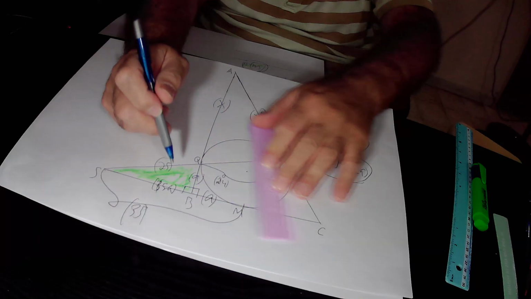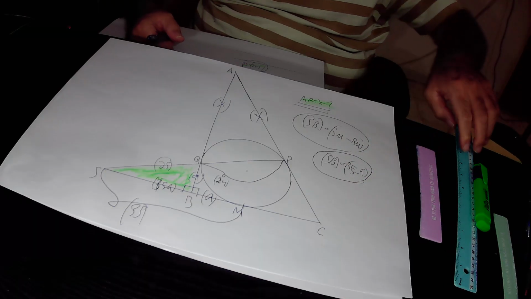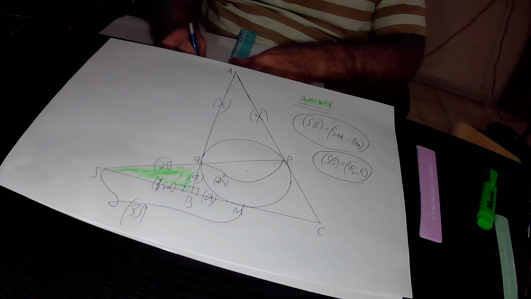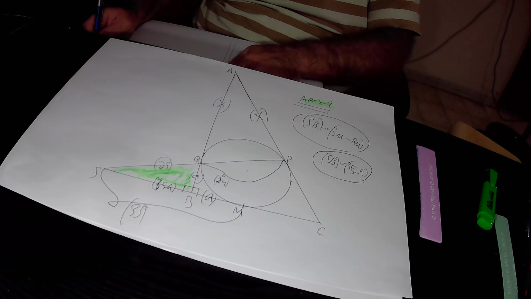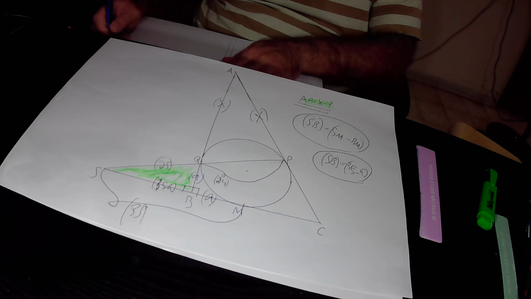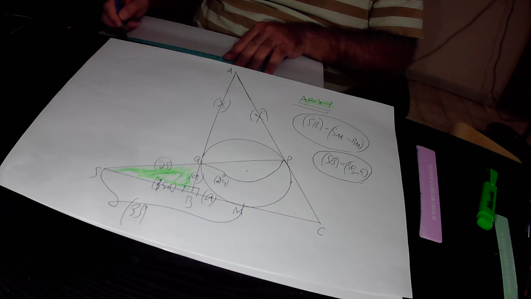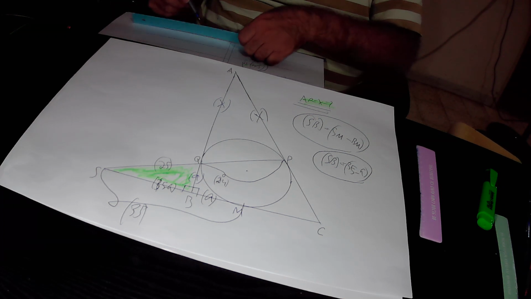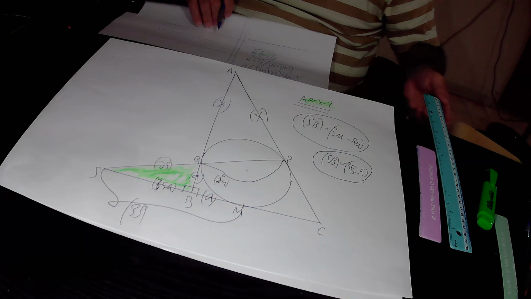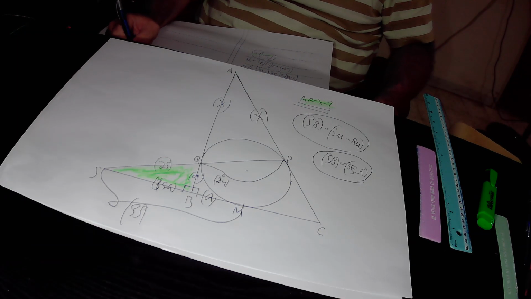Therefore, we will implement the Pythagoras theorem on this green right triangle QBS. Here PT is the abbreviation for Pythagoras theorem.